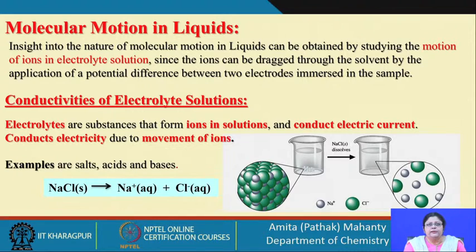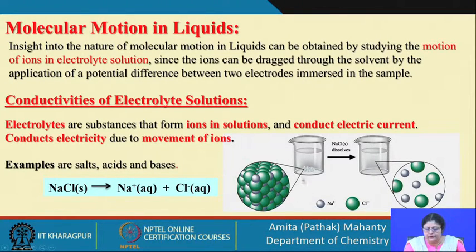When we are talking about ions, they are going to move, and we are going to talk about the transport of various properties through their movement in solution. These dissociated species are charged species, and they will be dragged through the solvent, whatever solvent medium we are using, on application of a potential difference across two electrodes immersed in the sample containing the electrolyte.